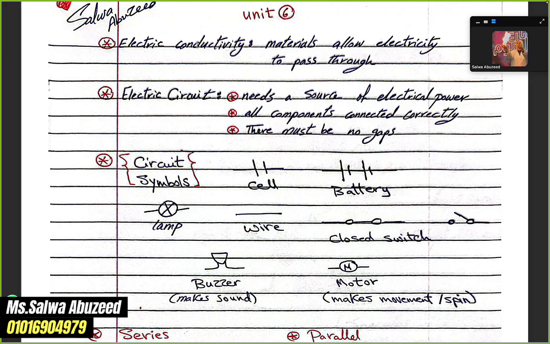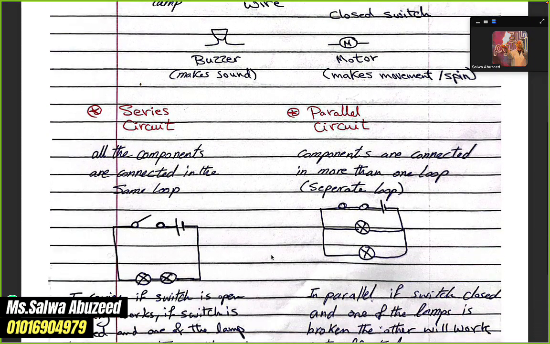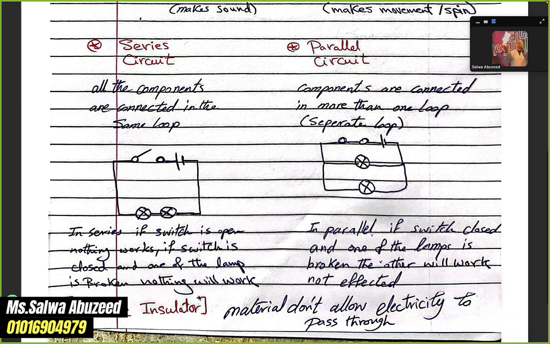So if electric conductivity means a material allowing electricity to pass through, such as metals, what is the opposite of electric conductivity? We're going to go down over here. It is called electric insulator. An electric insulator is a material that doesn't allow electricity to pass through. Okay, I want to prove this.